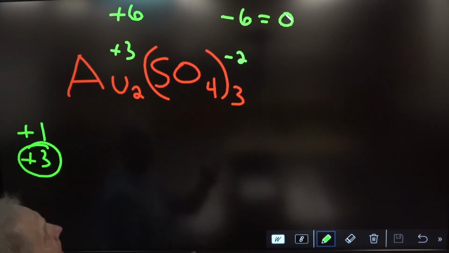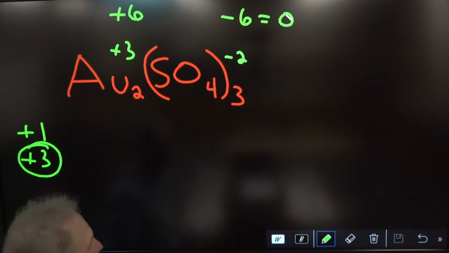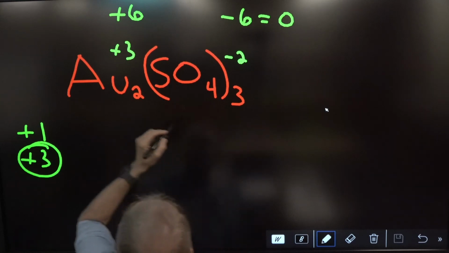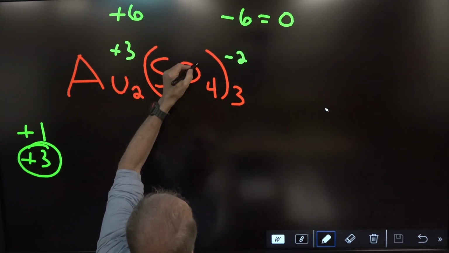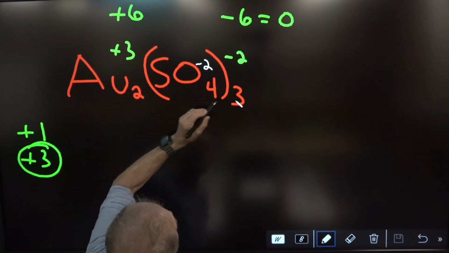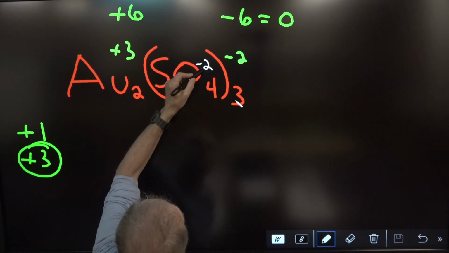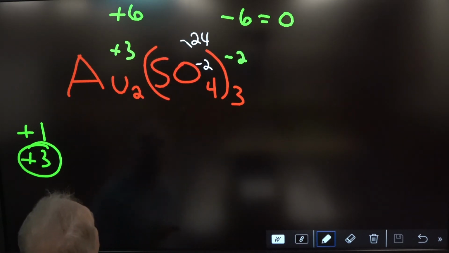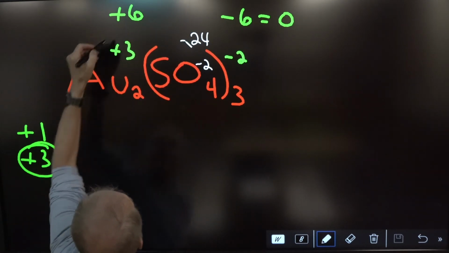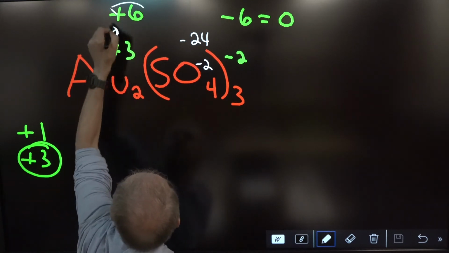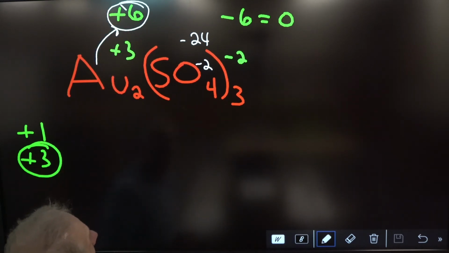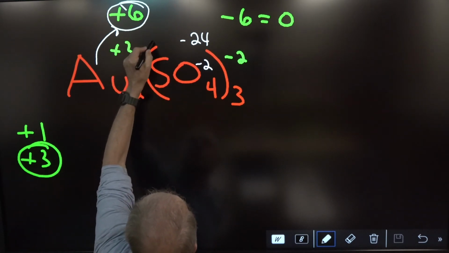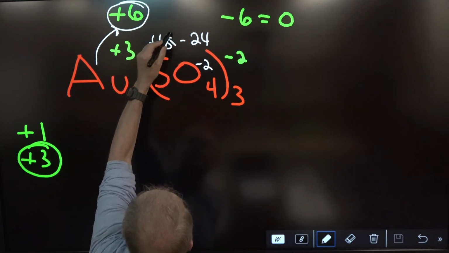So let's see if we can find sulfur and oxygen. Well, we know oxygen is a -2, and that would be 3 times 4 is 12, times 2 is 24, a -24 there. And we already know that gold is a +6. So what we have is sulfur. Total sulfur has to be +18.